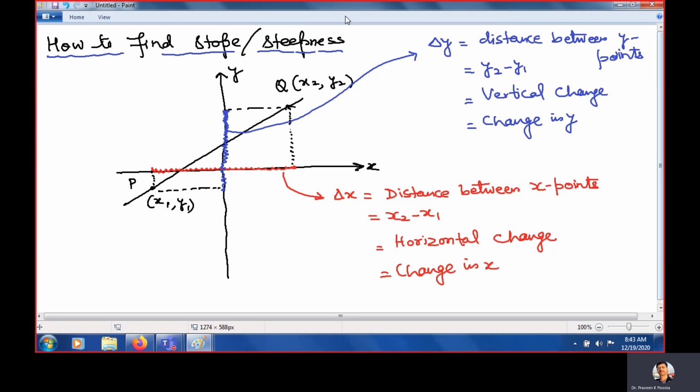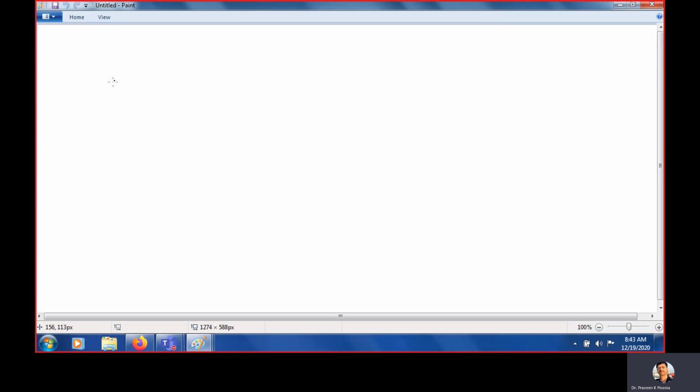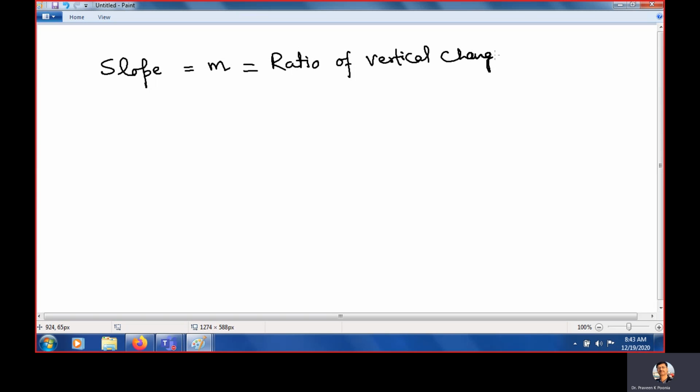Now we will define the slope. So what is the slope? The slope is denoted by m, and it is the ratio of vertical change to horizontal change.